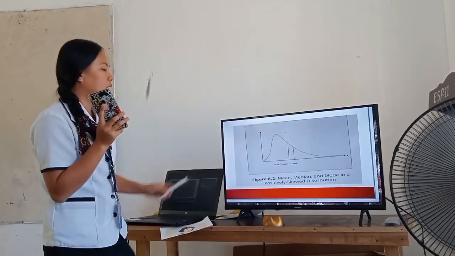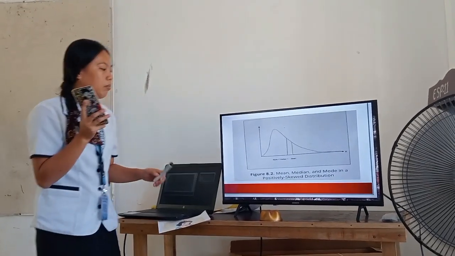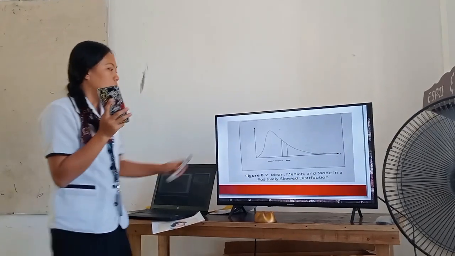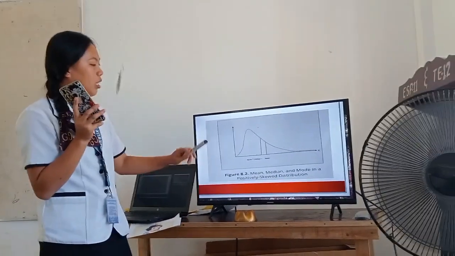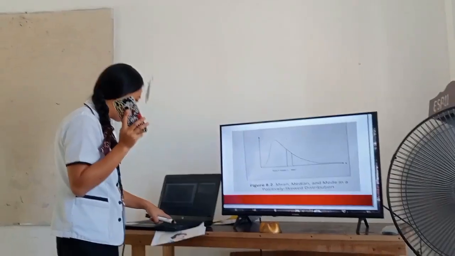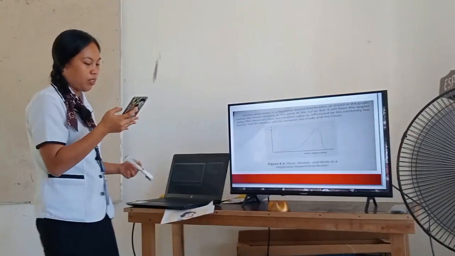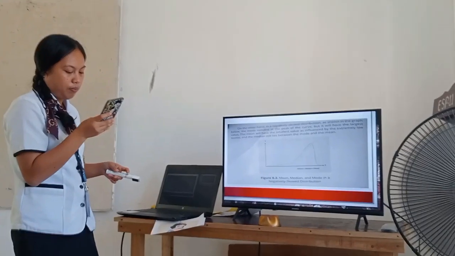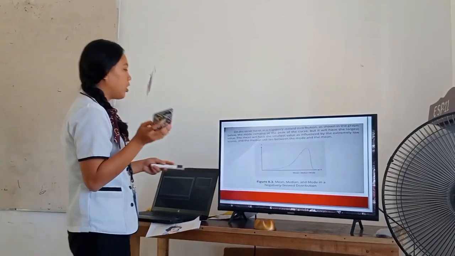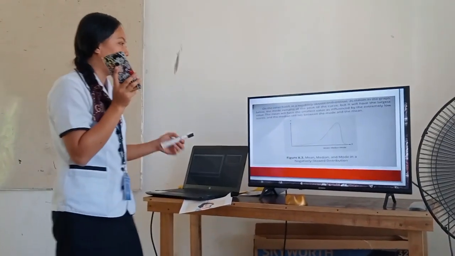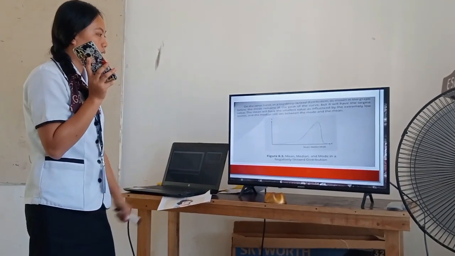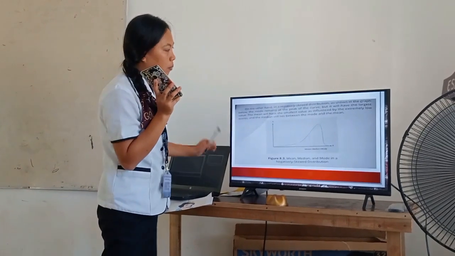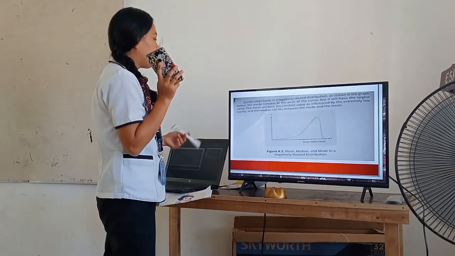This figure shows the mean, median, and mode in a positively skewed distribution. This is the positively skewed distribution of the mean, median, and mode. On the other hand, in a negatively skewed distribution, as shown in the graph below, the mode remains at the peak of the curve but will have the largest value.